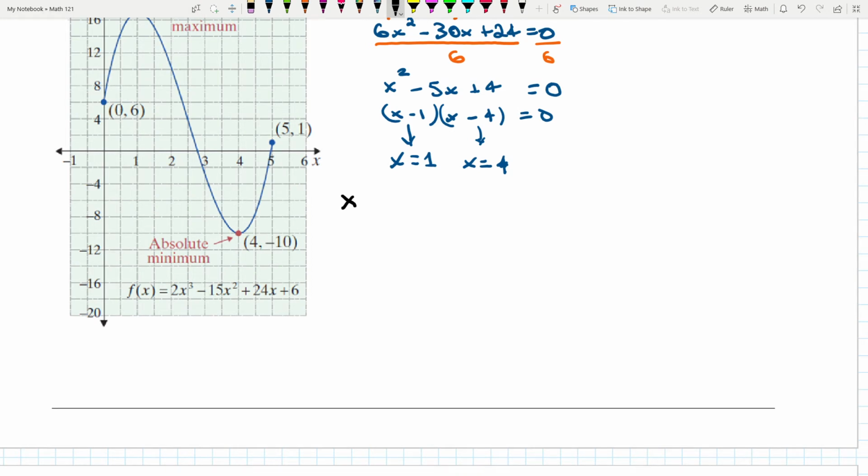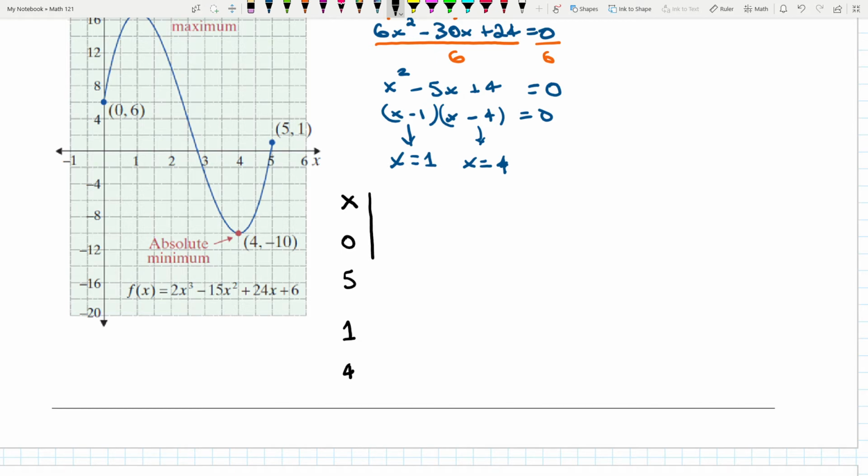For x, I'm going to list the critical values. Well, actually, I'm going to do first the endpoints of the closed interval, 0 and 5, and the critical numbers 1 and 4.